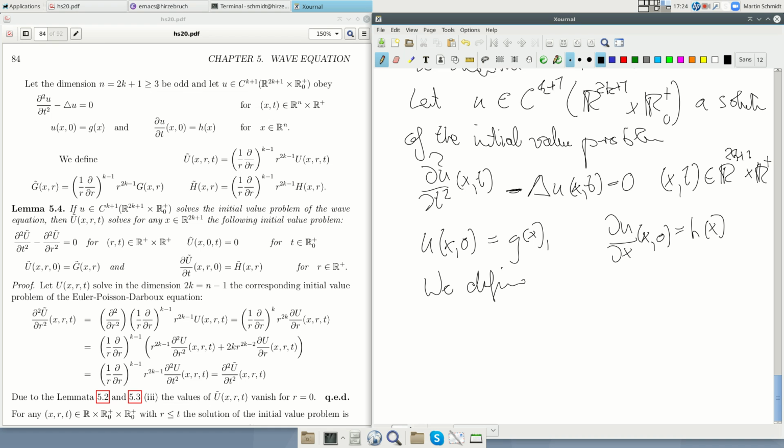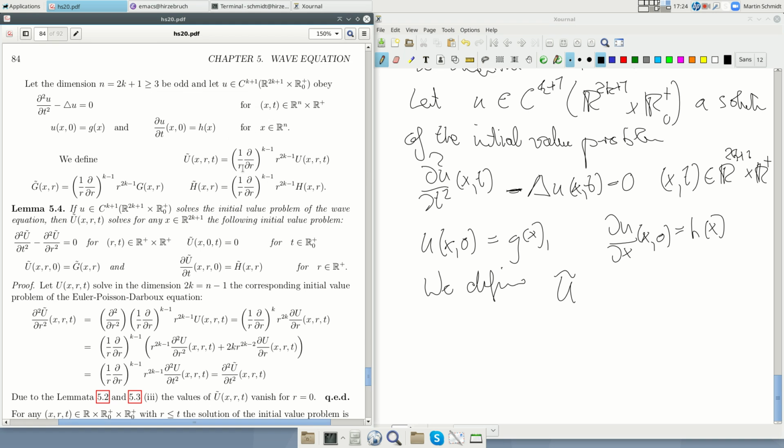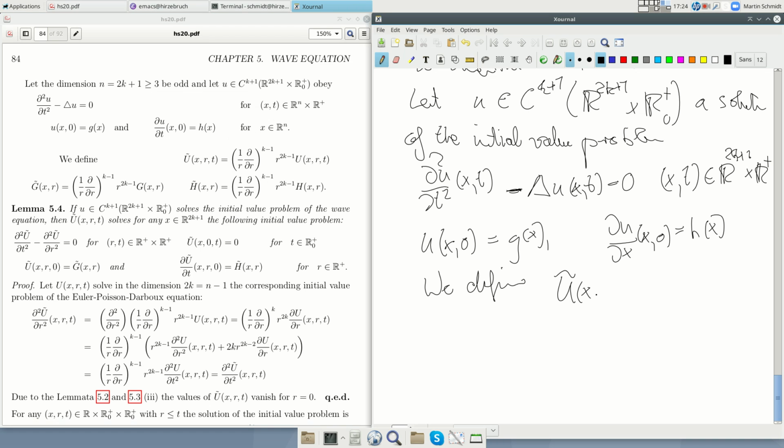Now we use our formulas, so we apply this procedure. U tilde of x, r, and t is now 1 over r d by dr to the power of k minus 1, r to the power of 2k minus 1 times the mean. And the same thing we do for the initial values.